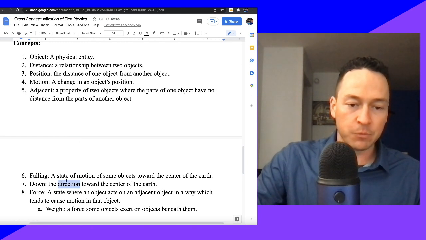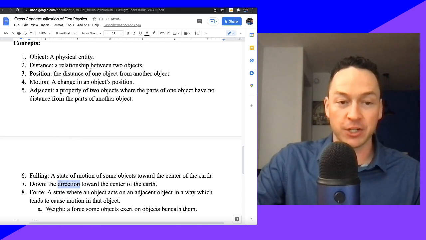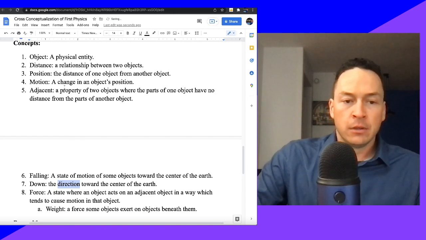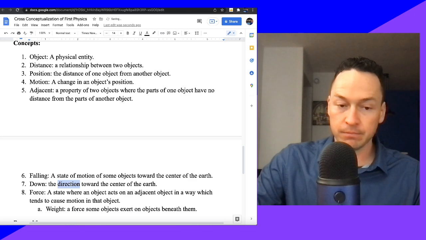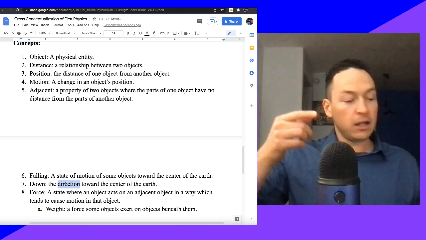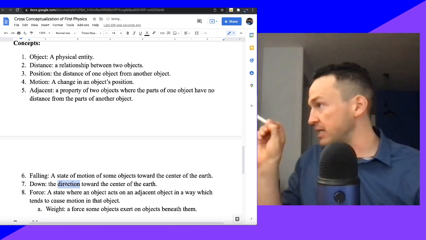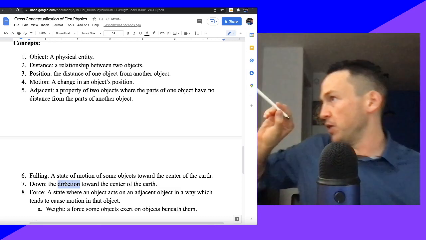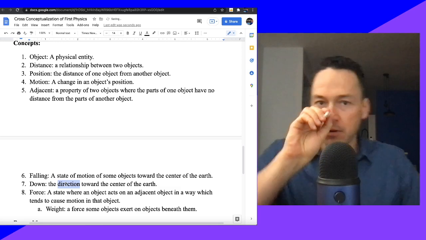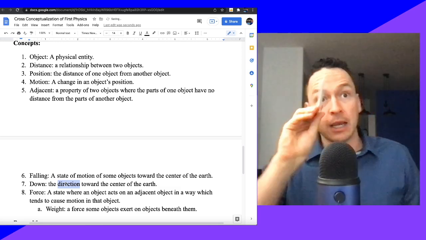Okay, what is direction? Direction. Well, we can start with an ostensive definition. Direction is the thing that's changing about where this thing is pointing.